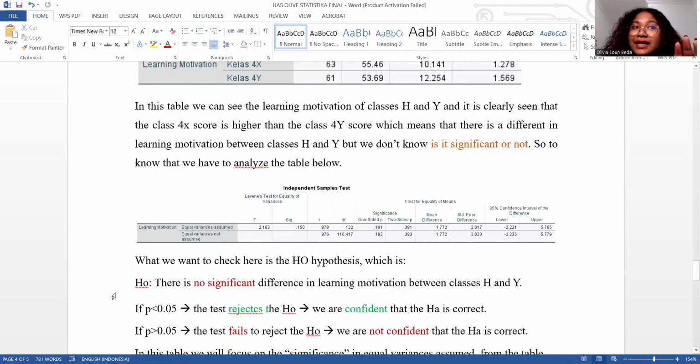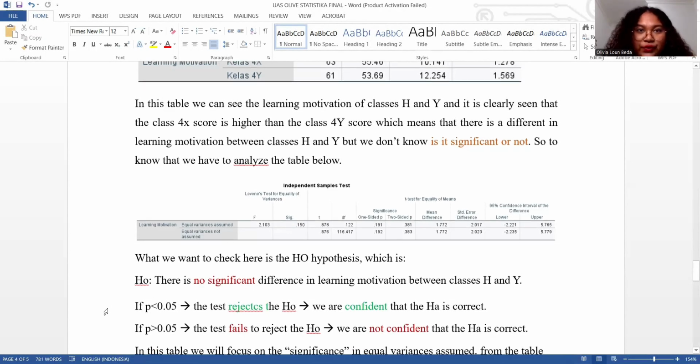In this t-test, we also have rules. Here's the rule. If the p is below 0.05, that means the t-test can reject the H0, and we are confident that our HA is correct.